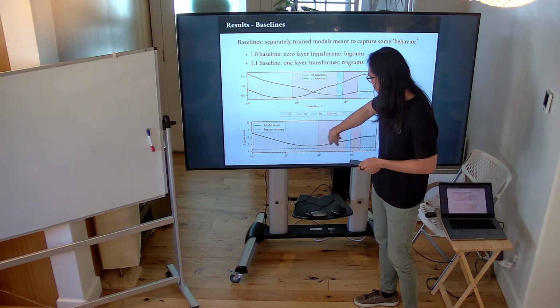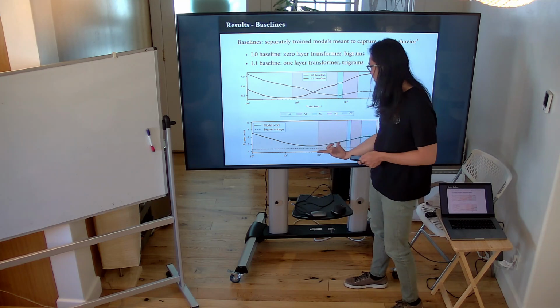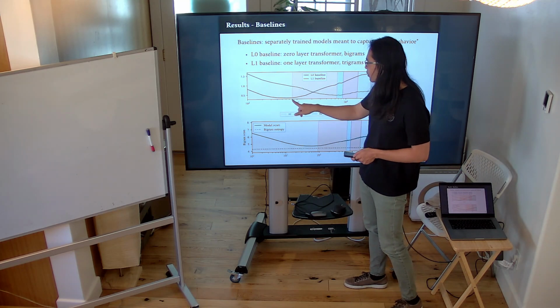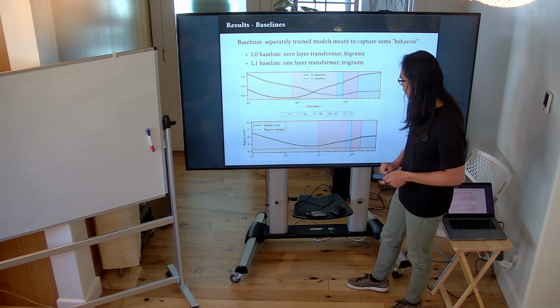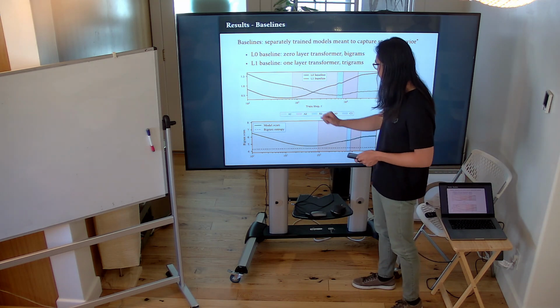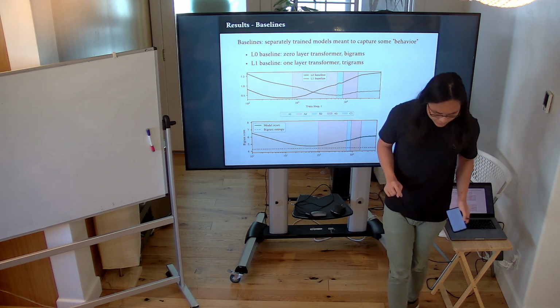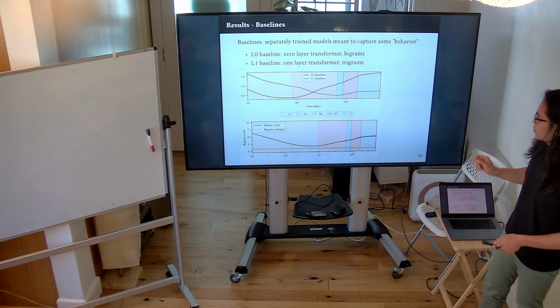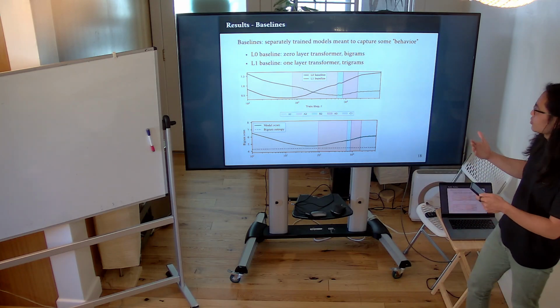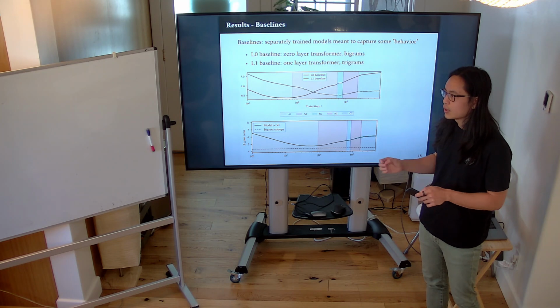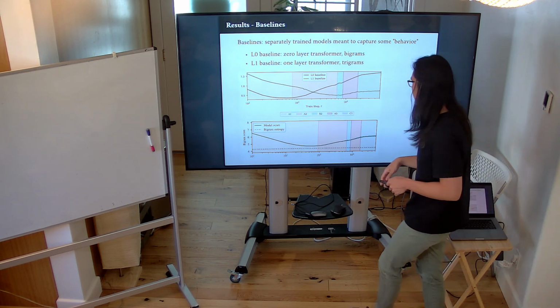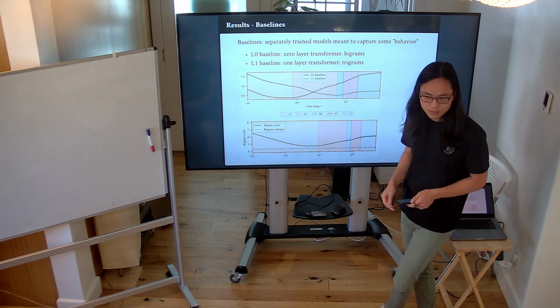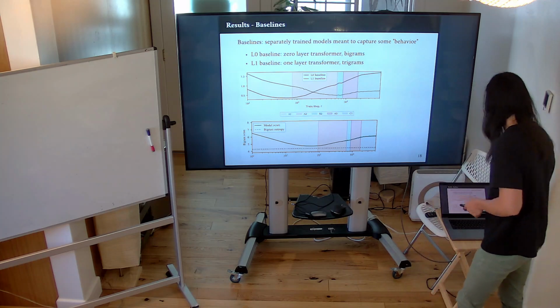And here they might look a little bit different because the x-axis is off. But they do both minimize at the end of the first stage. And then here the L1 baseline suggests that the model is closest to predicting trigram statistics at the end of the stage where we expect them to be done learning trigram statistics.